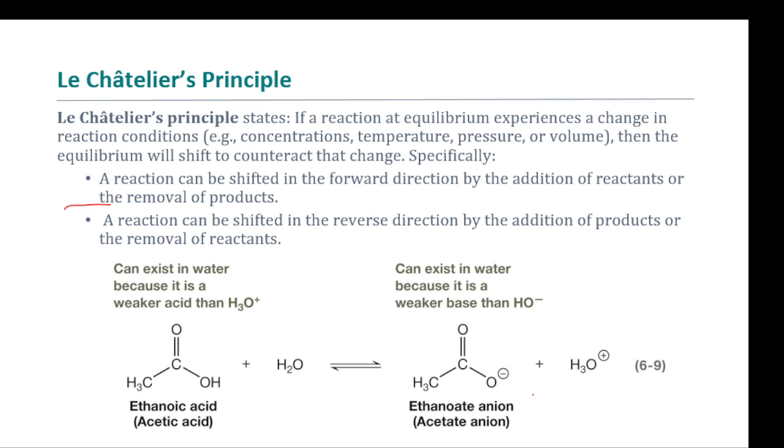So if you were to react away this right here and it goes away, this would keep going and populating that, wouldn't it? And so you would get a shift towards the right direction, or the products. The reaction can shift in the reverse direction, of course, if you add products or remove reactants. That would cause a shift towards the reactants. For example, if we added an acid that creates more H3O+, we would shift this reaction in the reverse direction, wouldn't we? Okay.